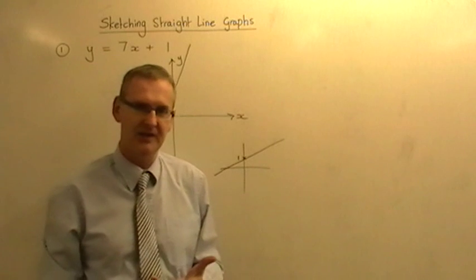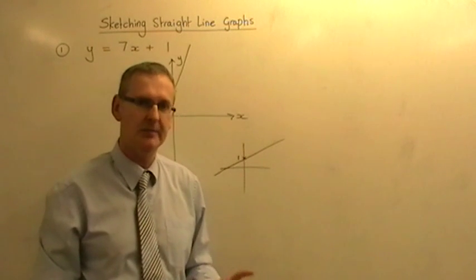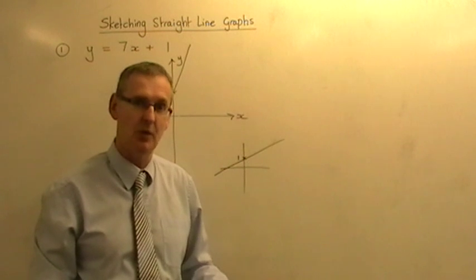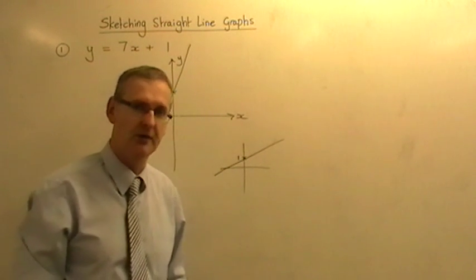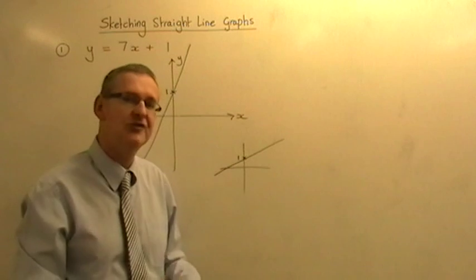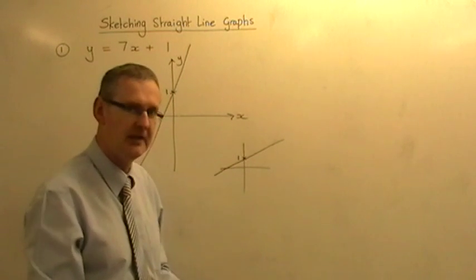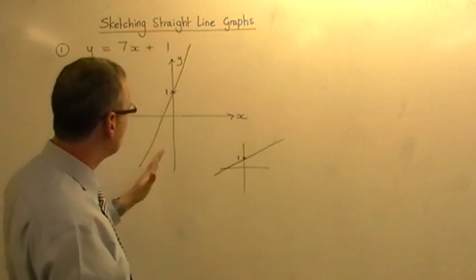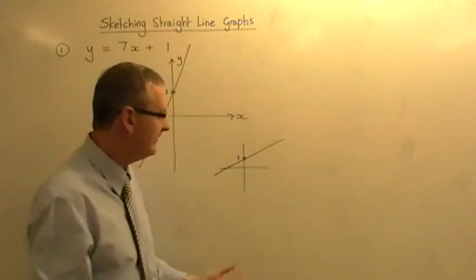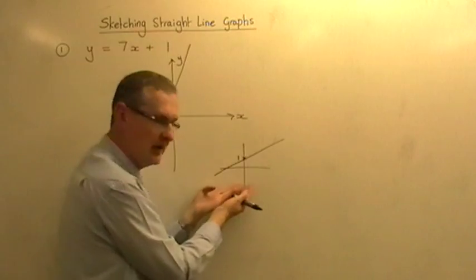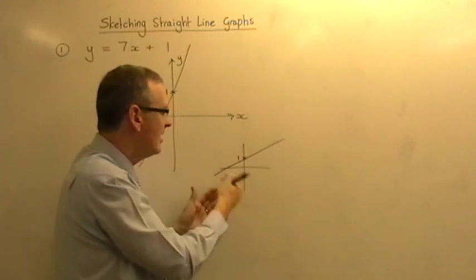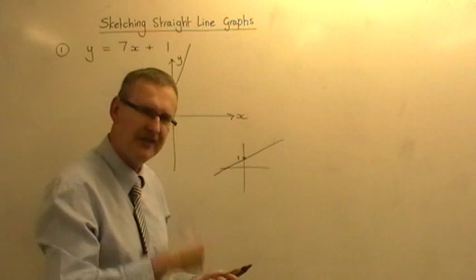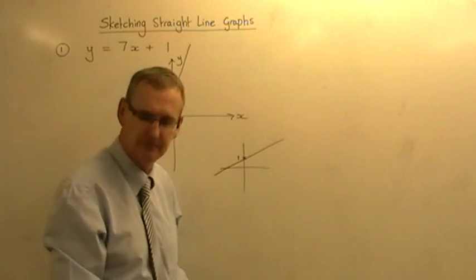All we're saying is, if you have y equals 7x plus 1 on the same picture as y equals 1x plus 1, then the 7x plus 1 graph would be a lot steeper. So when we're doing a sketch, we generally speaking draw the 7x plus 1 graph a lot steeper in the picture, even though technically I could draw it like that and you'll get your marks, because by changing the scale I could make it look like that. Okay, and I think I've made that point in a previous video.